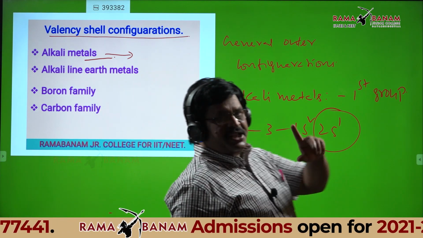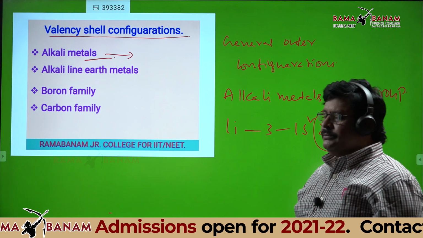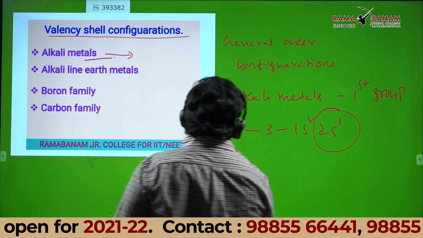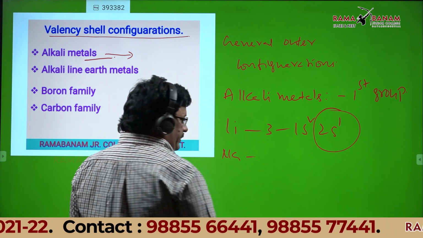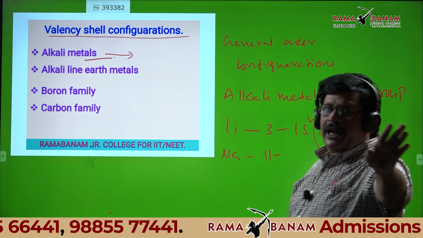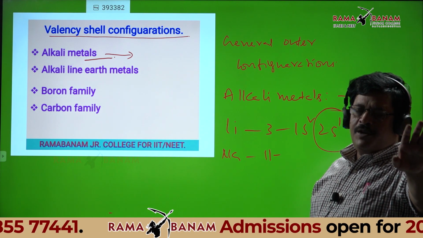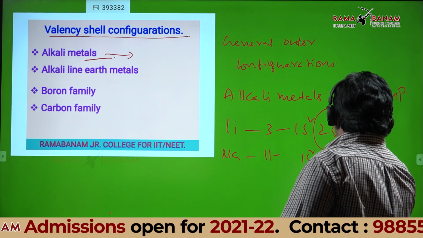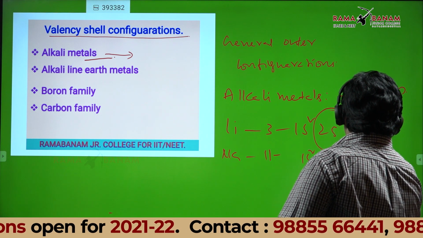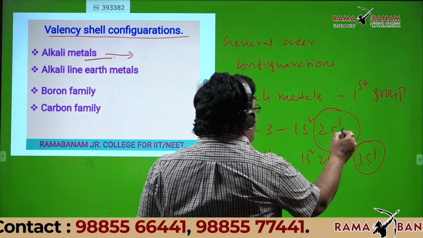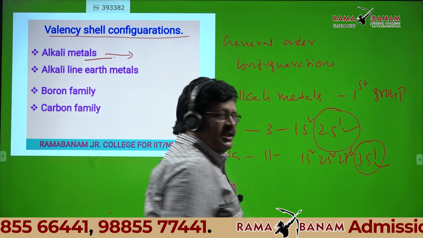Can anyone tell the second element of the alkali metals? Sodium. Atomic number? 11, sir. Just look at the board. Don't write anything, first concentrate on the board. 1s2, 2s2, 2p6, 3s1. See, the valence shell configuration of lithium is 2s1, sodium is 3s1.